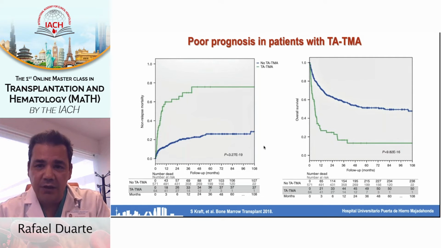Also, it associates with patients with TA-TMA. This is a very interesting study from Basel, from Sarah Kraft in Brussels, published last year, that showed not only an association between TMA and GVHD, and also that when they both happen together, the impact on mortality, non-relapse mortality and survival increases, but also shows that those patients that develop TMA, even in the absence of, and independently in a multivariate setting from, those that suffer GVHD, have significantly poorer outcomes.